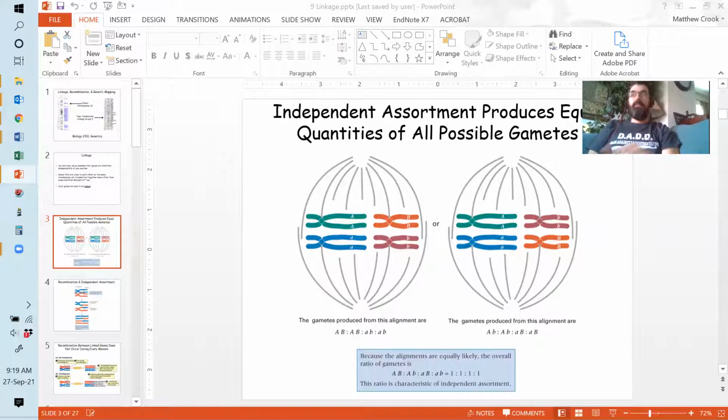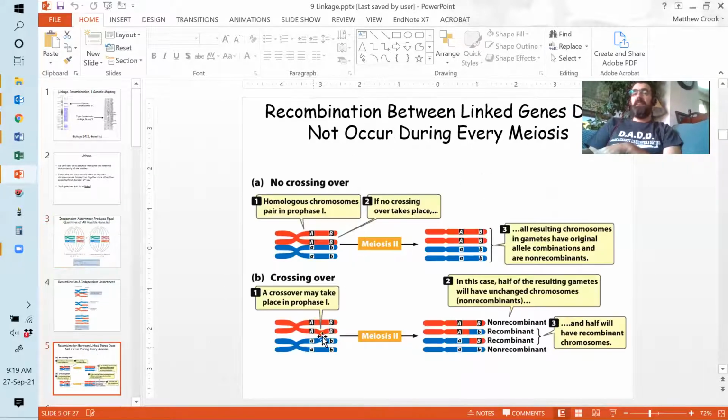Or a lack or reduction of recombinants. Because essentially, if two genes are linked, sometimes there will be no recombination between them.